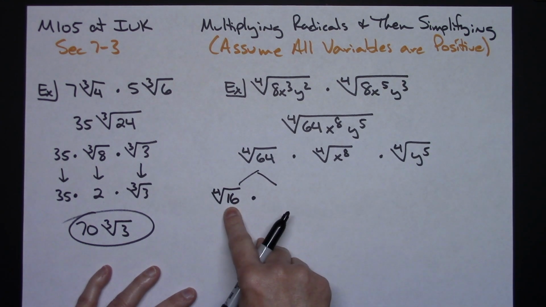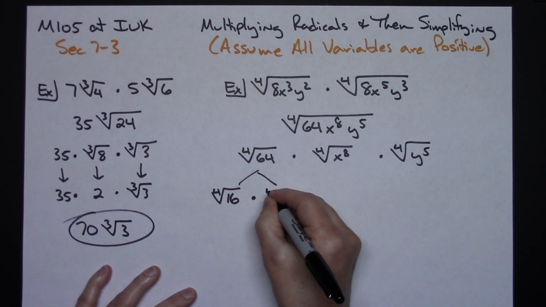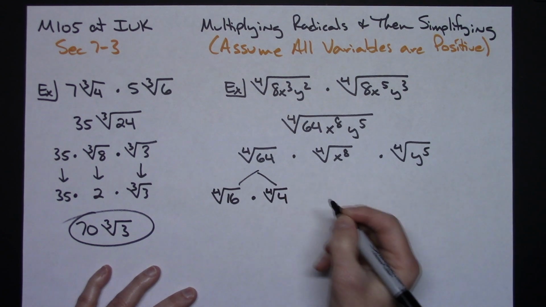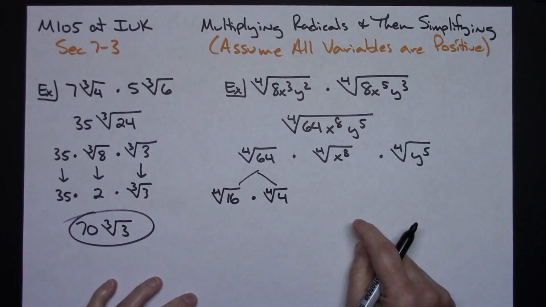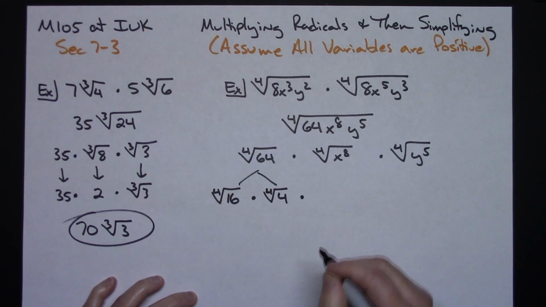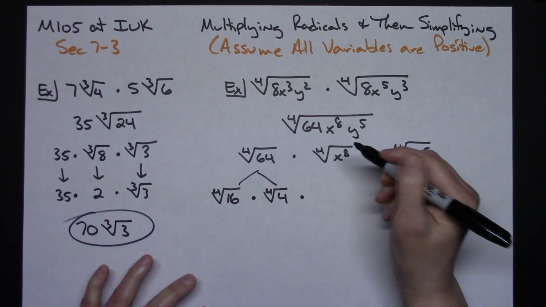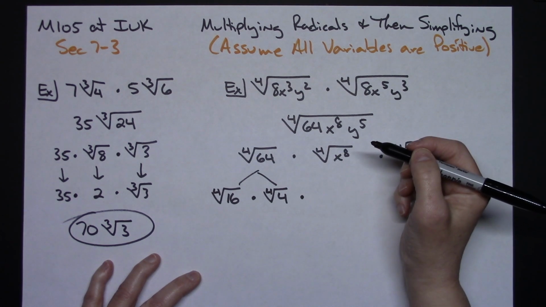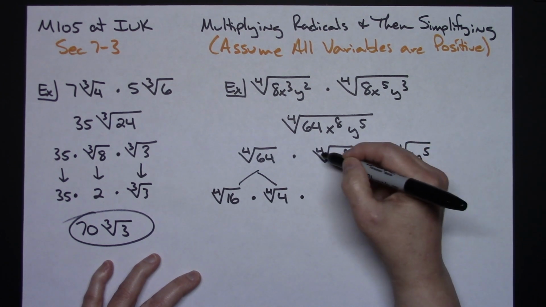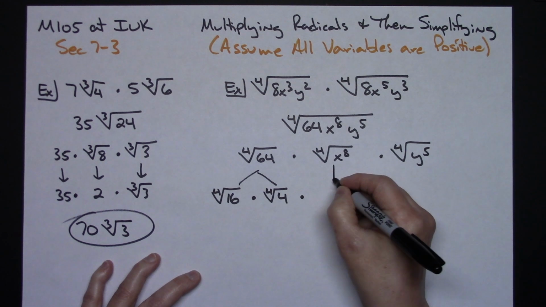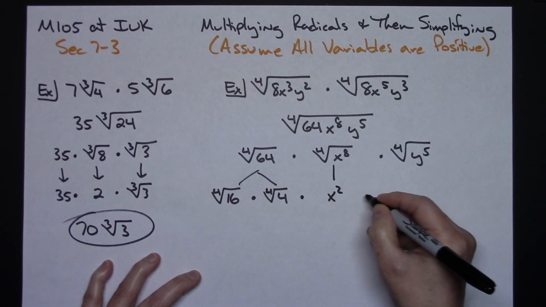Now 64 divided by 16 is 4, so the fourth root of 4. As we have done in previous videos, let's see if the x to the 8th is a perfect fourth root. I can take 8 divided by 4, which is 2, so this is a perfect fourth root. I can just simplify this as an x squared.